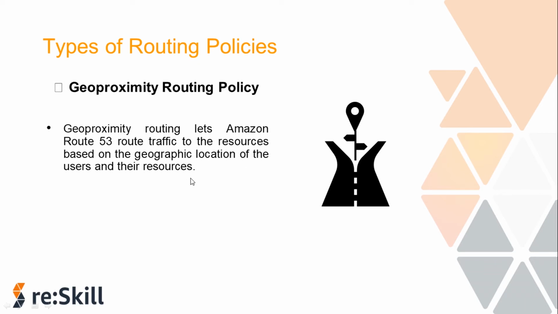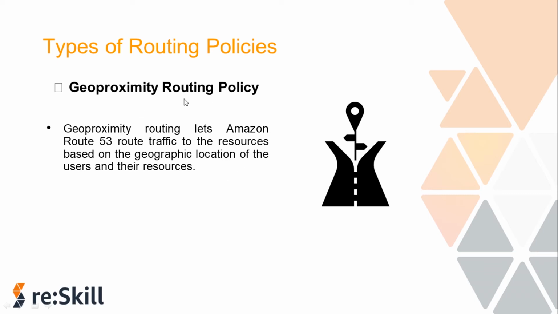It also has an option to route more or less traffic to a given resource by specifying a value known as bias, and bias will shrink or expand the geographic region from which the traffic is routed. So I can specify that on one location the traffic should be less or more.